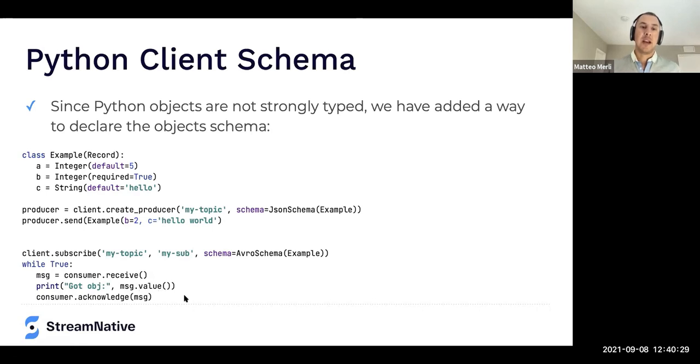So it is very natural in Python, and this will get validated. You can have the same definition here that you have in Java. If you have a similar POJO in Java with a similar definition, it will lead to the same exact schema definition in Python. So you can interoperate between Python, Java and C++ with the schema defined.